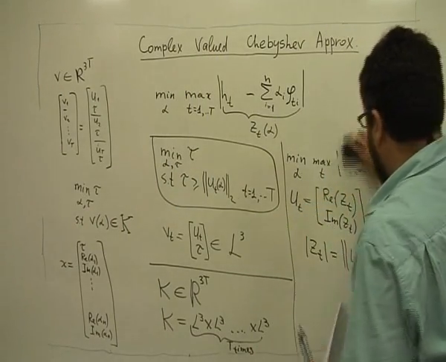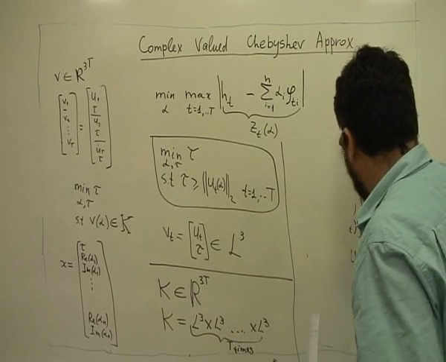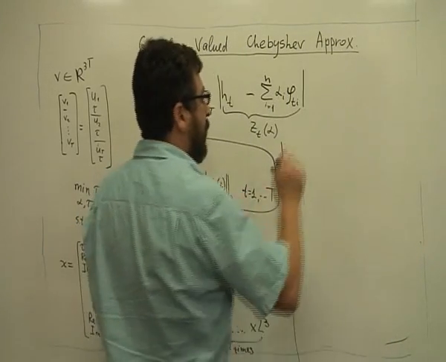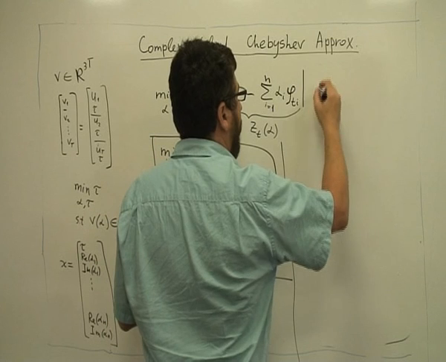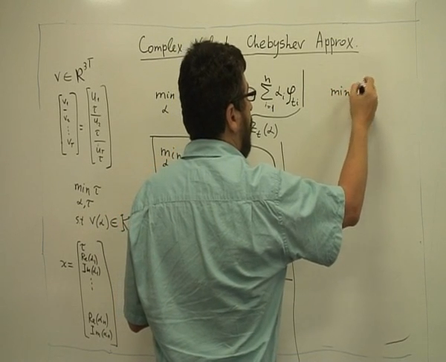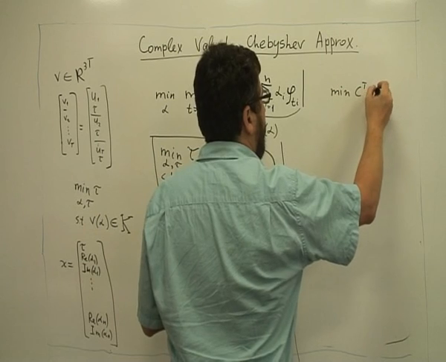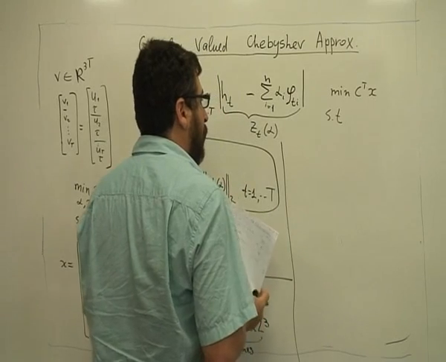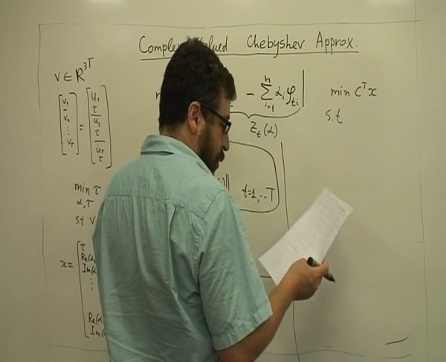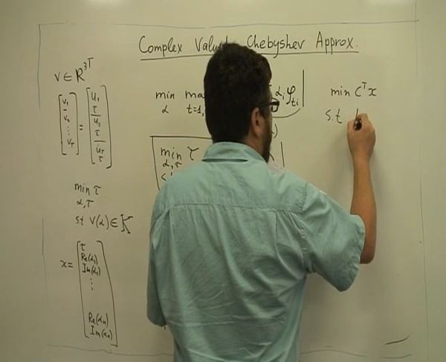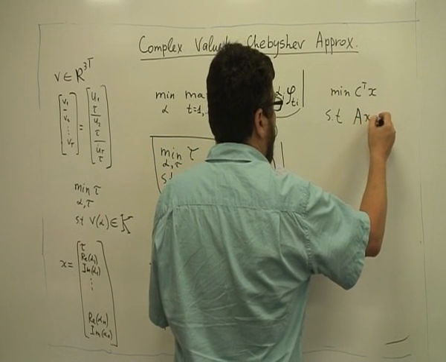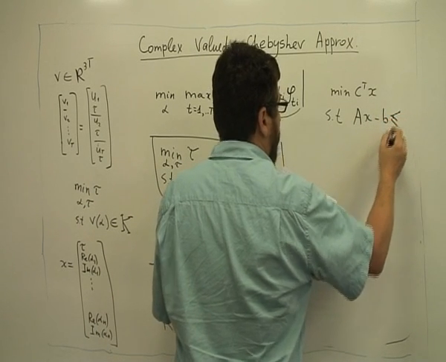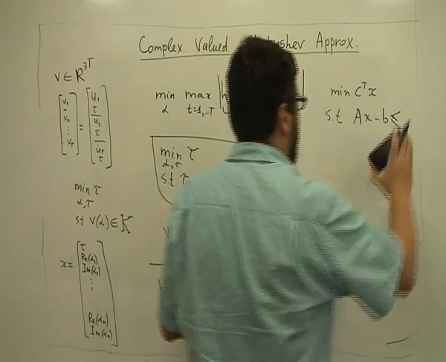You remember what was our U. So I can just write that my problem is: minimize some c transpose x subject to, say, Ax minus b greater or equal 0.